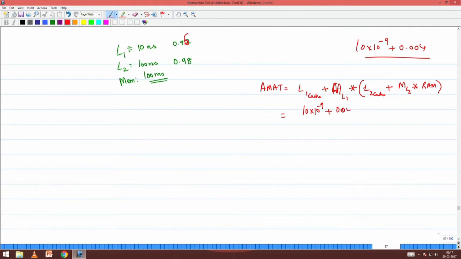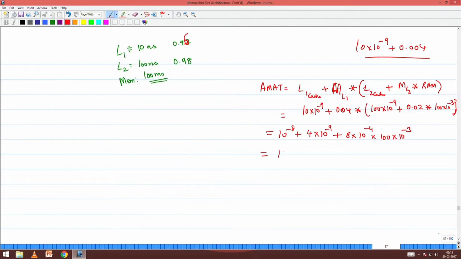Okay, I will have that same thing. 0.04 into 100 into 10 power minus 9 plus miss of L2, that is 0.02, into 100 into 10 power minus 3.